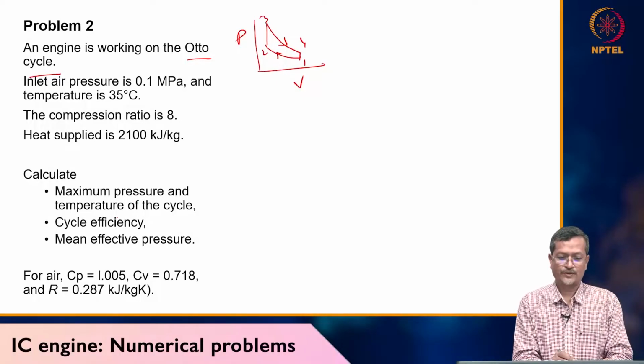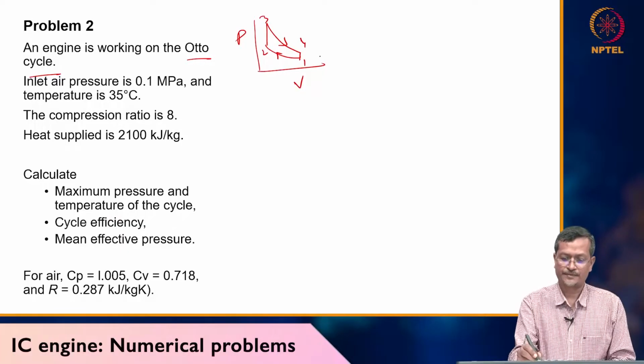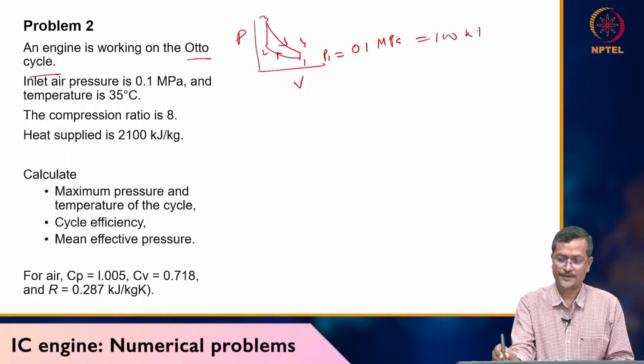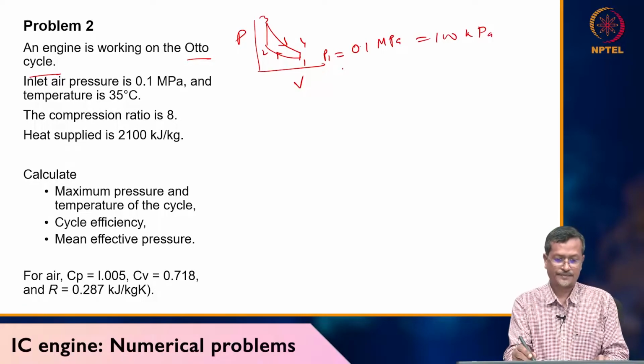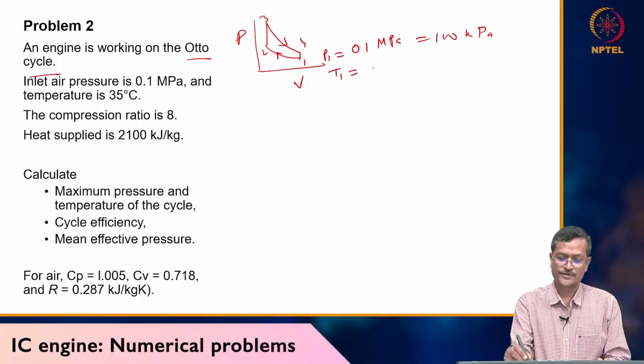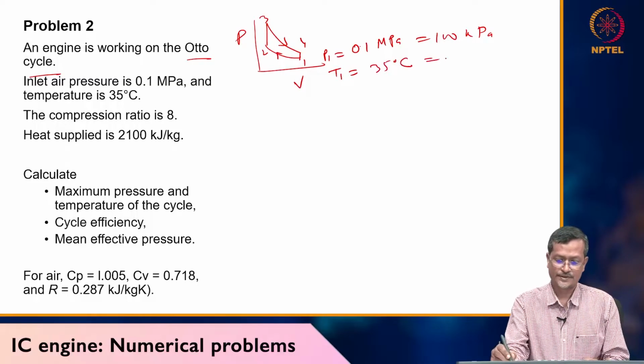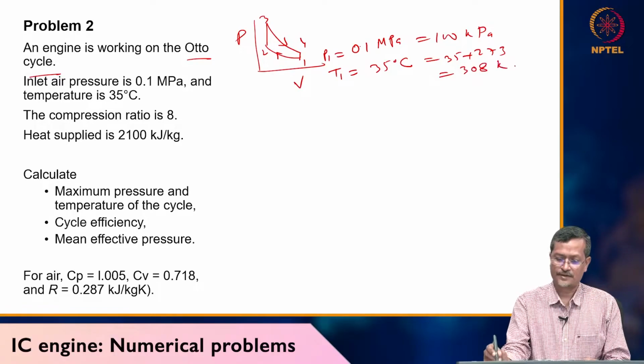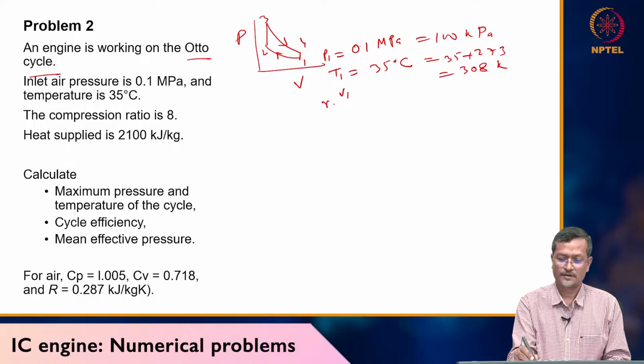An engine working on the Otto cycle, the inlet air pressure is given, P1 equals 0.1 MPa equals 100 kPa. The inlet temperature is also given, T1 equals 35 degrees centigrade equals 35 plus 273 equals 308 Kelvin, and the compression ratio is given, V1 by V2 equals 8.